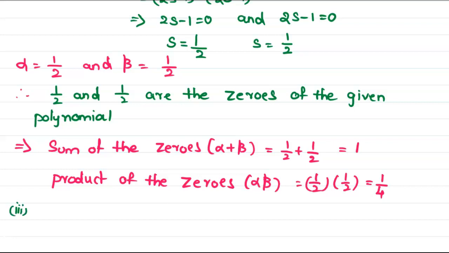In the third one, the given polynomial is 6x square minus 3 minus 7x. So this is the given polynomial here.